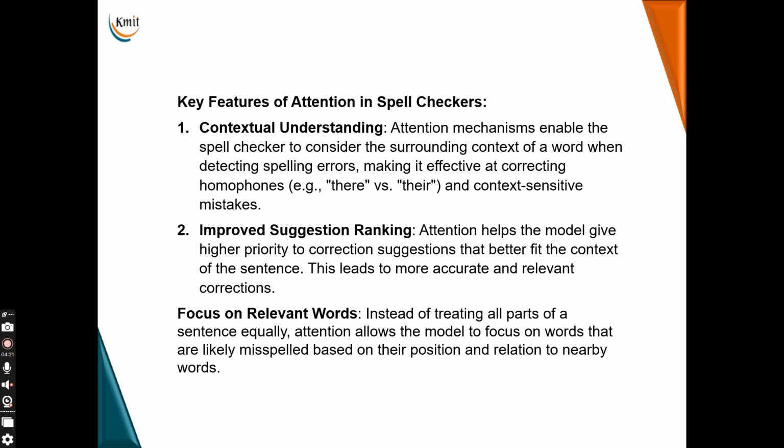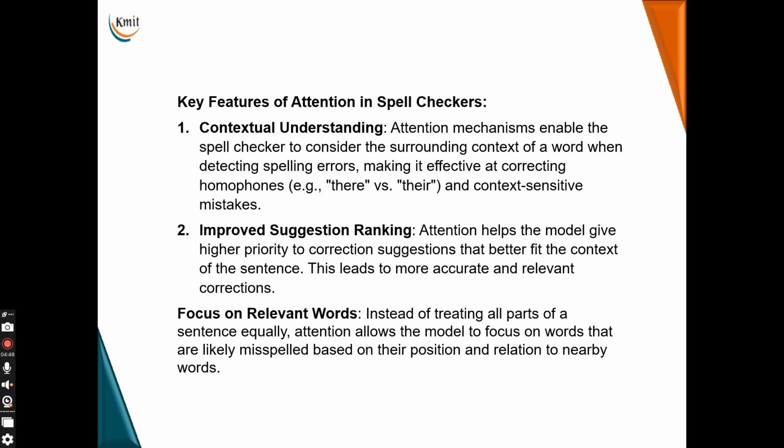What is this? Whenever we introduce attention, it helps the model to decide the priorities whenever it is giving correction suggestions. Suppose you type something in a text processor and a particular word is marked in red, stating it has a spelling error.